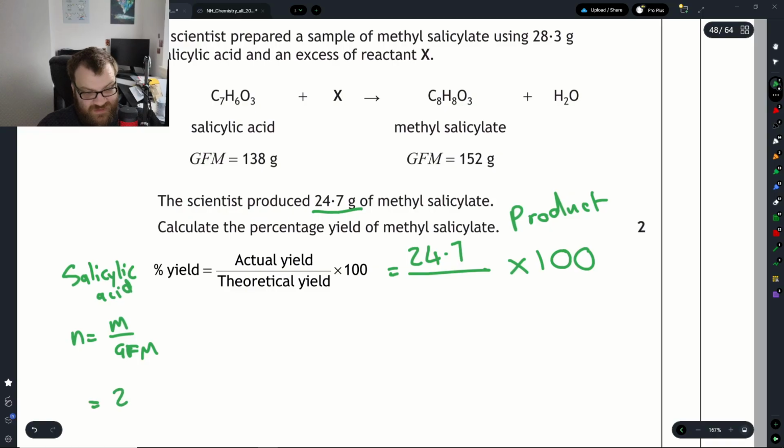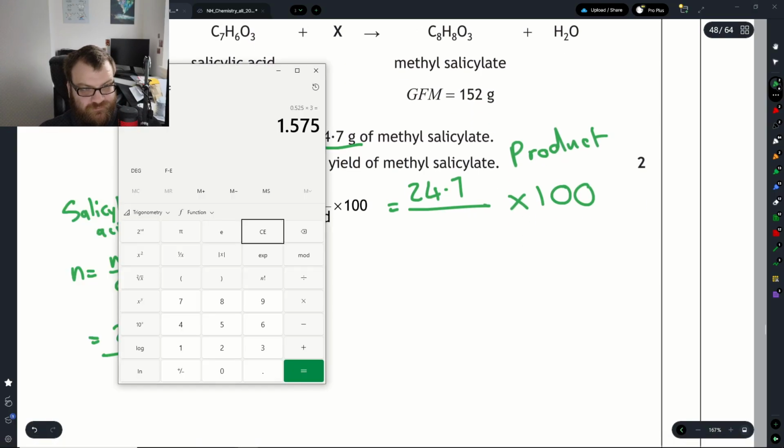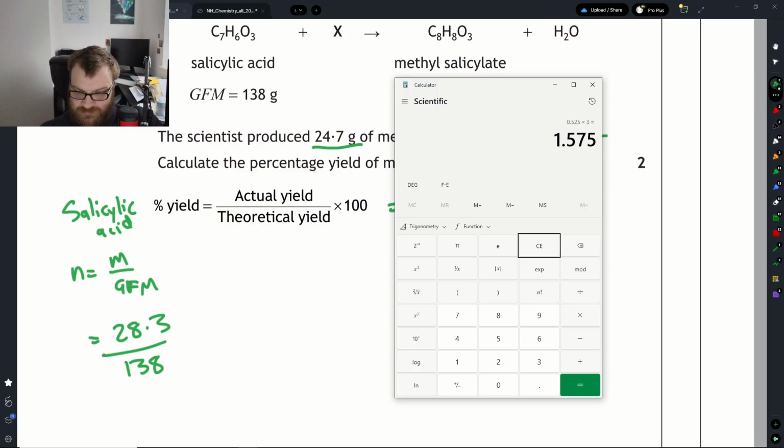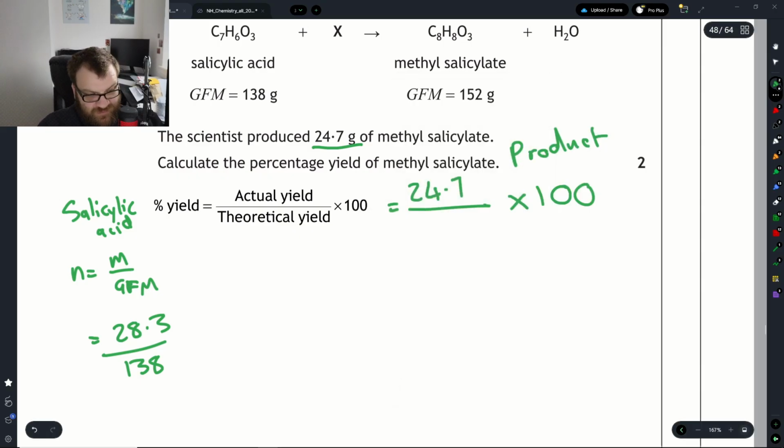Pop in the numbers, 28.3 over 138. The calculator does 0.205 moles.